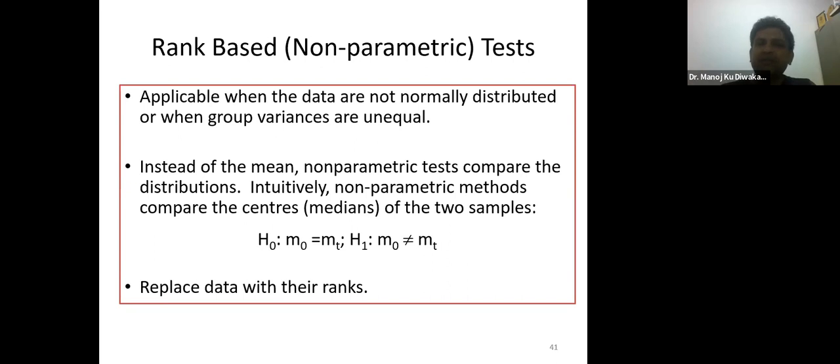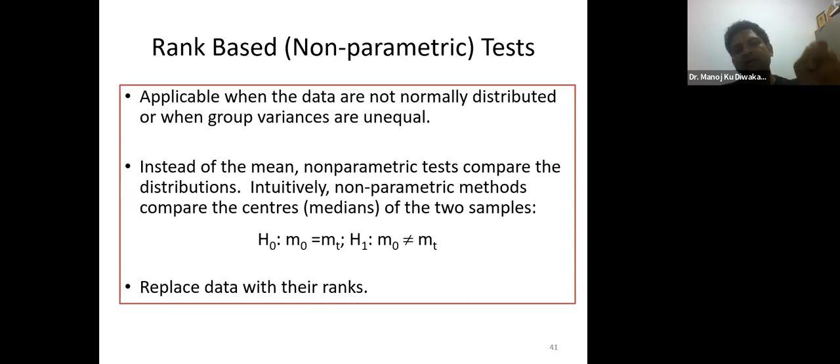It is applicable when the data is not normally distributed, or when the group variances are unequal, then you can go for the non-parametric test. Instead of the mean, the non-parametric test compares the distributions. Intuitively, non-parametric methods compare the centers, the medians of the two samples.